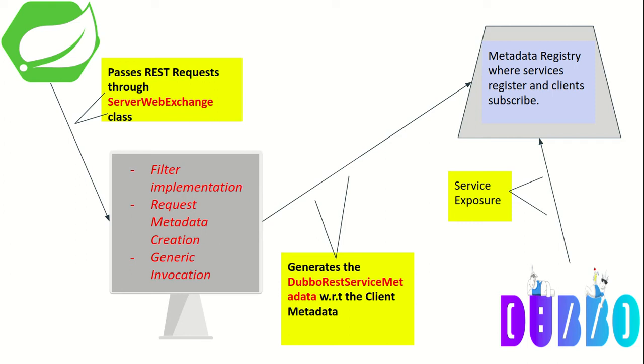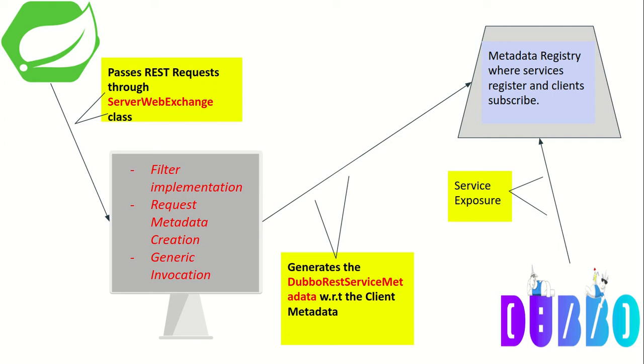What this filter will do is create a request metadata as per the request being provided by Spring Cloud Gateway and invoke the backend Dubbo service using generic invocation, and it generates Dubbo REST service metadata with respect to the client metadata.